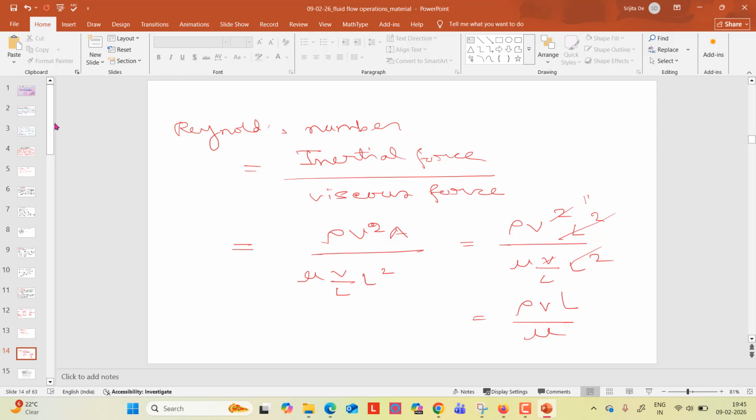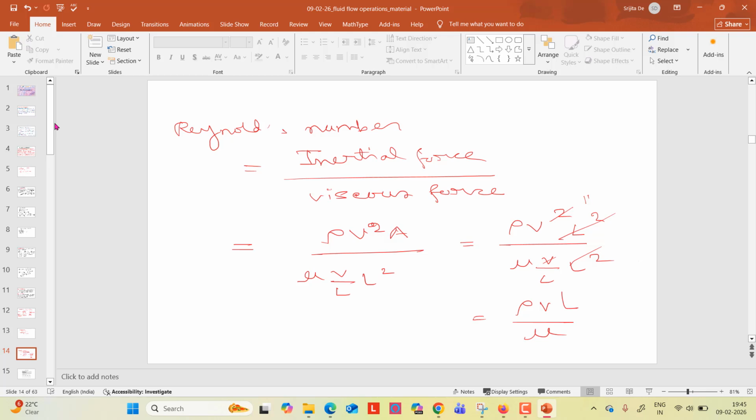This L is your characteristic length. For pipe flow, it is the diameter, and for flow over a flat plate, L is the distance along the plate. So it will vary according to the geometry of the system.